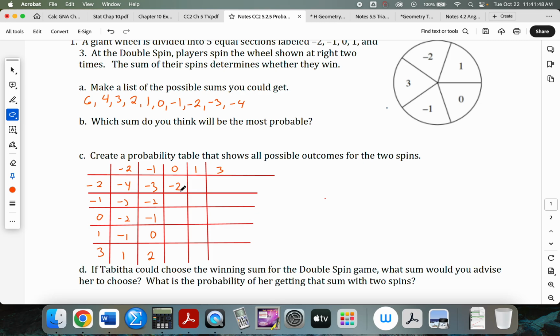So this will be -2, -1, 0, 1, and 3. This is going to be, what, -1, 0, 1, 2, and 4. And this one's going to be 1, 2, 3, 4, and 6.